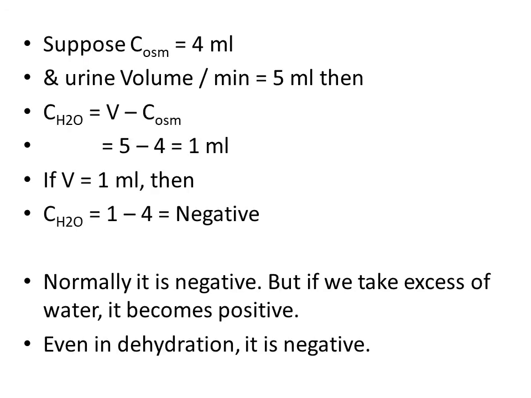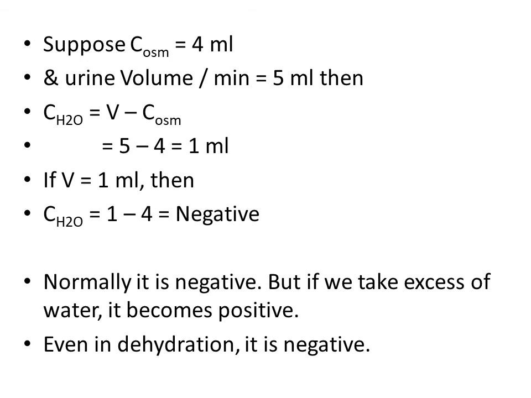Another way of saying this is that if the urine osmolarity is greater than plasma osmolarity, the free water clearance is negative, meaning there is water conservation. The method of calculating the free water clearance is that the urinary flow rate is subtracted from the osmolar clearance.